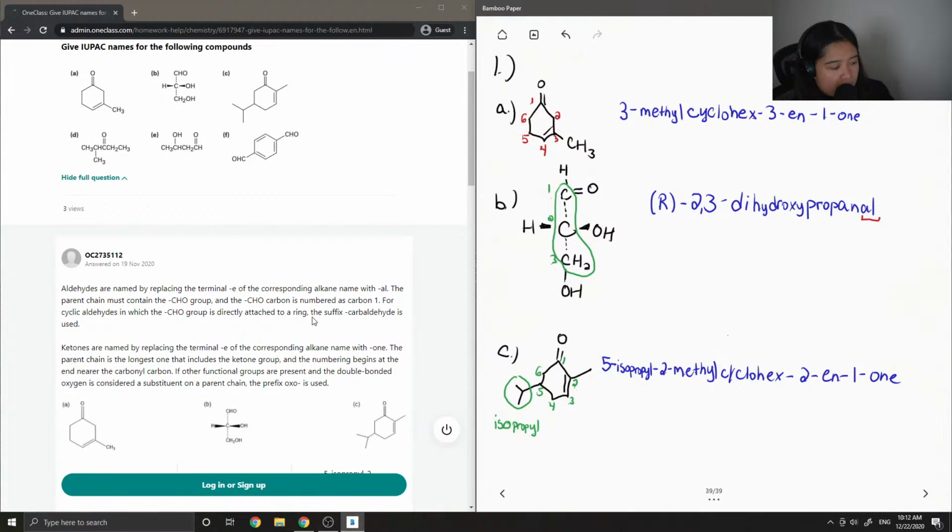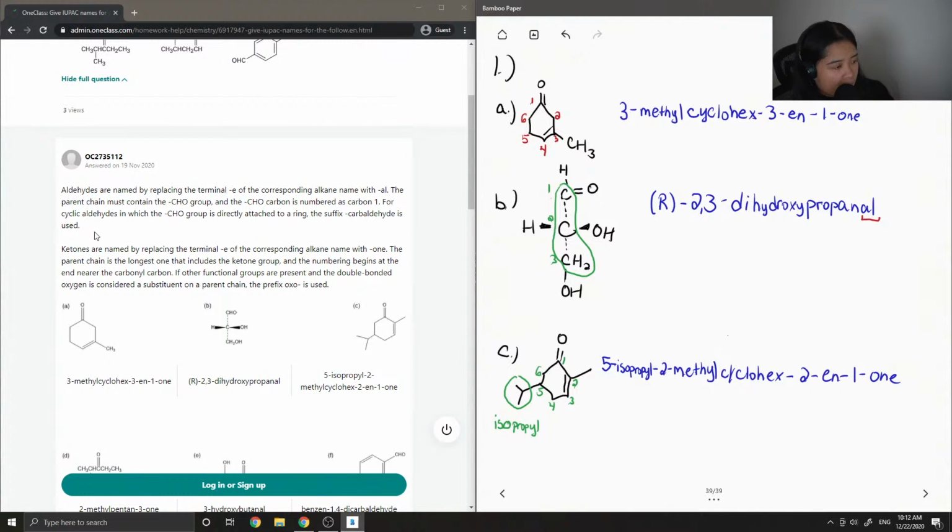Okay, so now let's see what the junior tutor said. Aldehydes are named by replacing the terminal E of the corresponding alkane name with -al. The parent chain must contain the CHO group, and the CHO carbon is numbered as carbon 1. For cyclic aldehydes, in which the carboxyl group is directly attached to a ring, the suffix carbaldehyde is used.